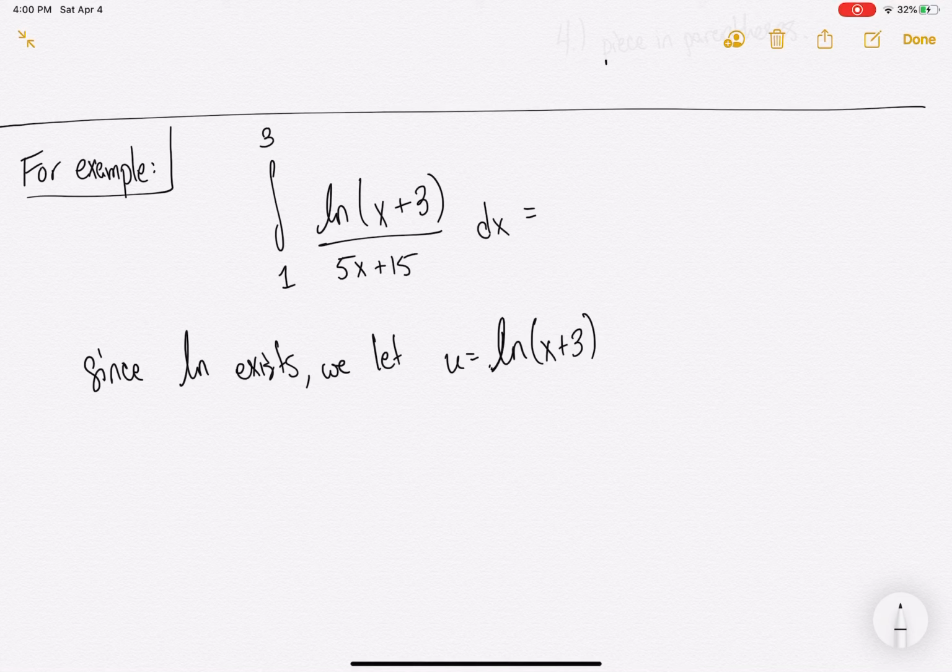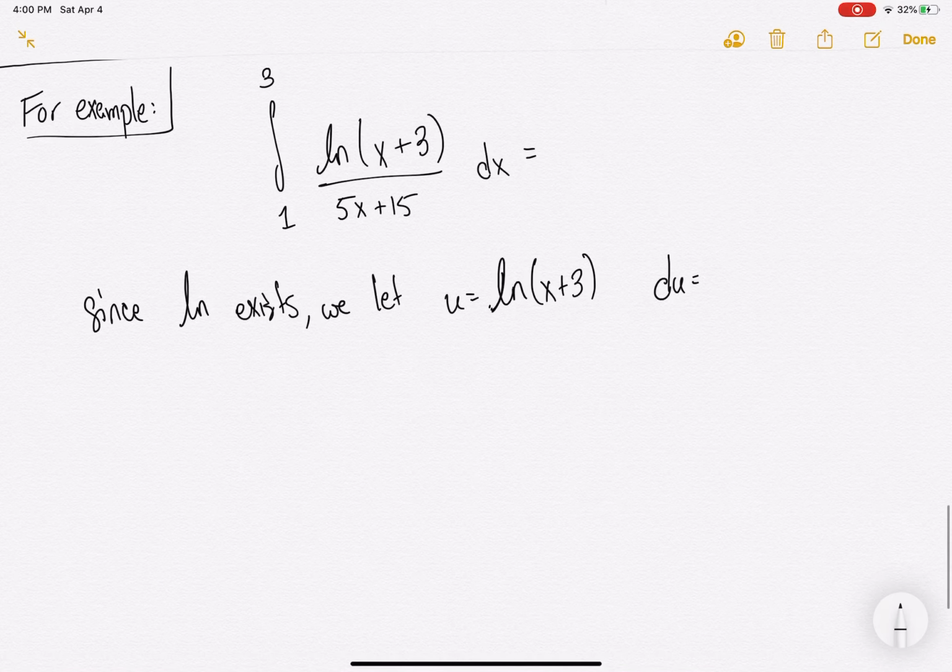What is wrong with me? Which makes du, it's easy when you're the professor, you just change the problem until it works. Sadly, you guys don't get that luxury. du would be 1 divided by x plus 3 dx. And does that show up? Not quite, but there's a reason why I had to add that 15 in there.